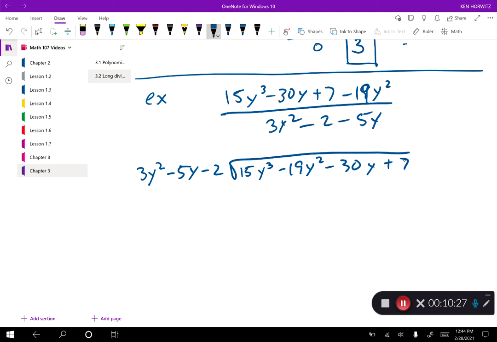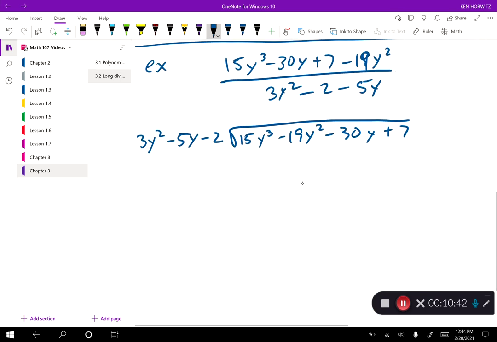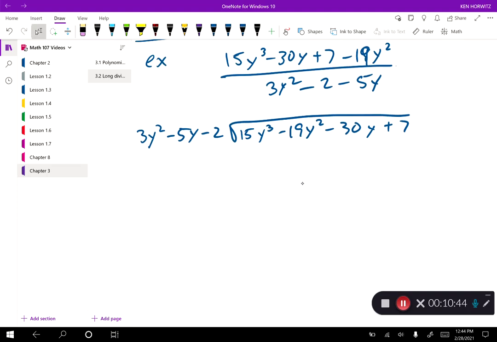It is kind of important that you do it in descending order of exponent because like in the last problem, you notice that we did need to keep our columns in order. So that really helped us out. So here, I'm not missing any exponents, so we can just start. We don't have to add anything in.